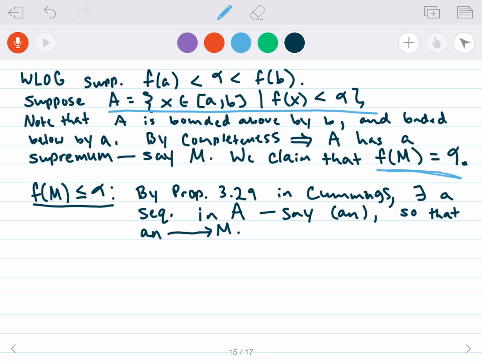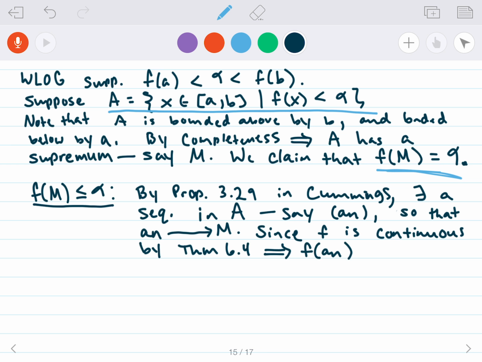Okay, so let's write that down. So we have the sequence converging to M, and since f is continuous, by theorem 6.4, this implies that f of a(n) is going to converge to f of M.